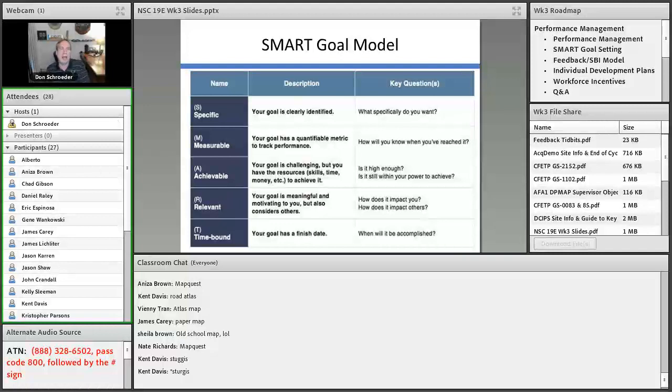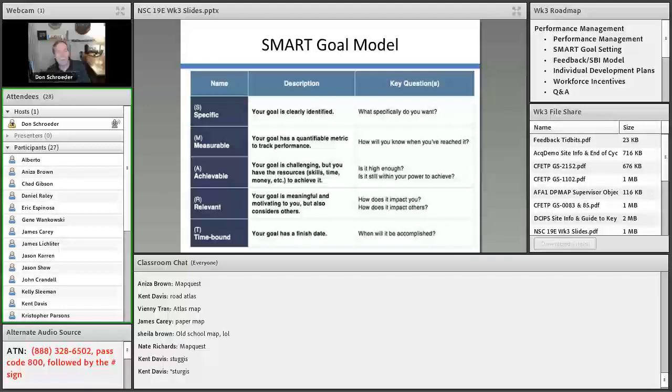And lastly, time bound. How long is that goal? Will it be a 3-month goal? Is it a 6-month goal? A year? 2 years? If it is very long down the line, as I mentioned earlier, are we going to create those sub goals to be able to find out, once we reach this, we can go to that? So there you got your acronym: specific, measurable, achievable or attainable, relevant, and time-bound.